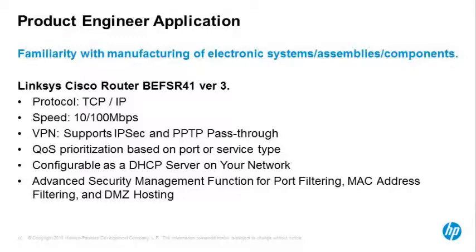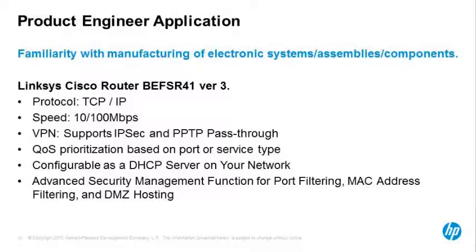For virtual private networks, it supports IPsec and PPTP for encryption. Quality of service prioritization is based on port or service type, so basically whatever is the highest priority. It's configurable as the DHCP server on your network, so it'll auto-assign the IPs, which is always good. It also has to be supported within the OS, that it doesn't have a static IP.